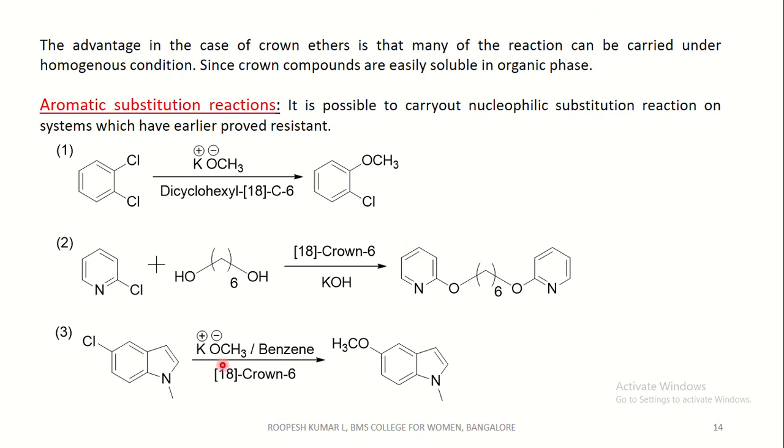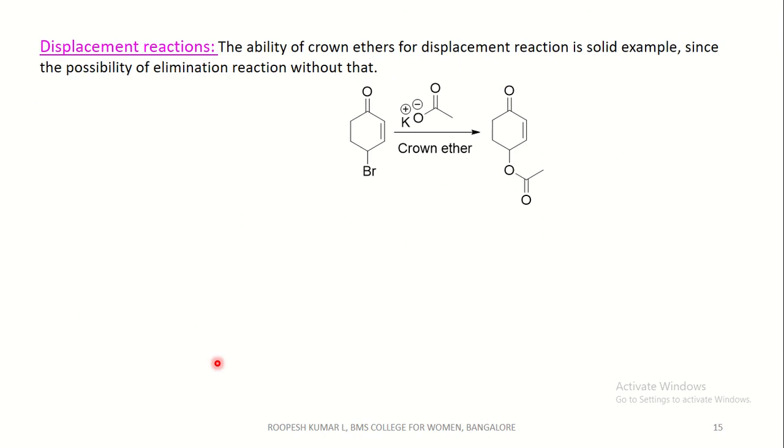Using potassium methoxide. Coming to the next application, that is displacement reactions. The ability of crown ethers for displacement reactions is a solid example, since there is the possibility of an elimination reaction otherwise.